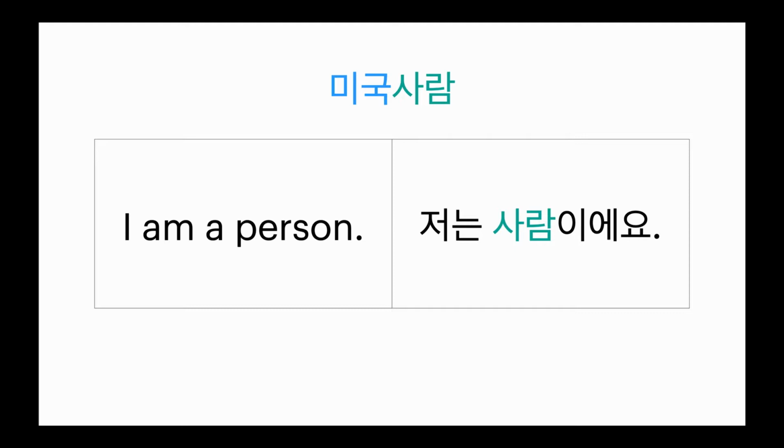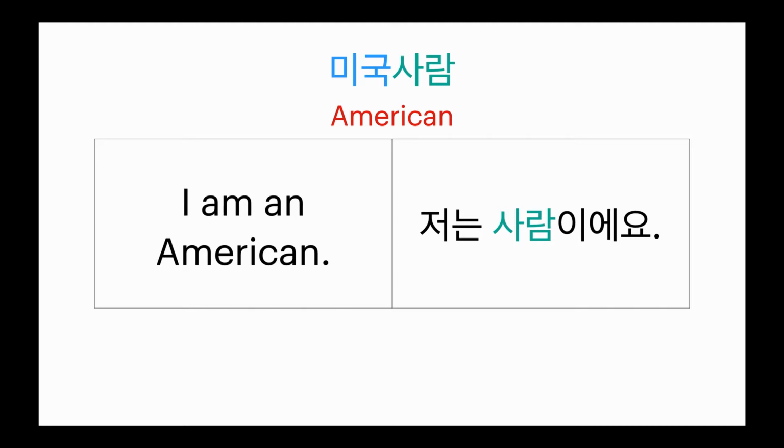What do you think that means? American. 미국 사람. America person, American. If you want to say, I am an American, what do you think that would be? 저는 미국 사람이에요.